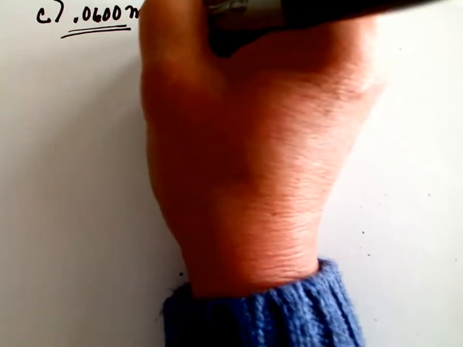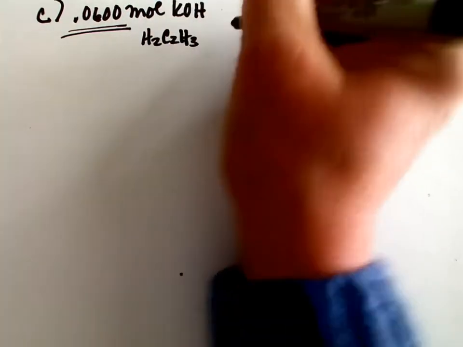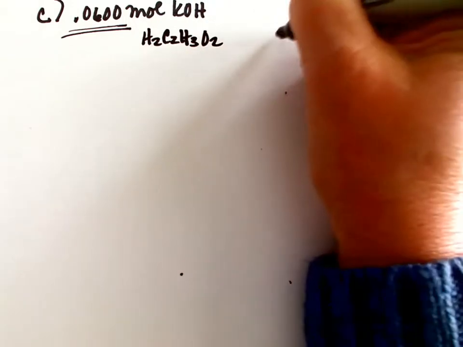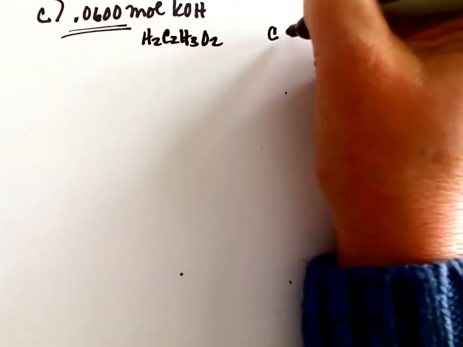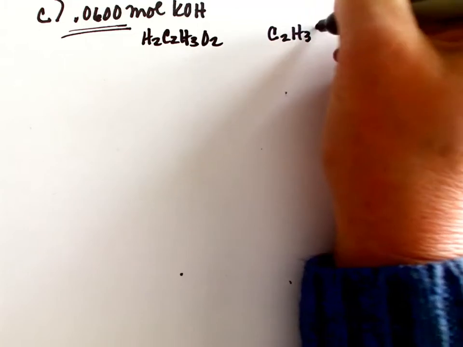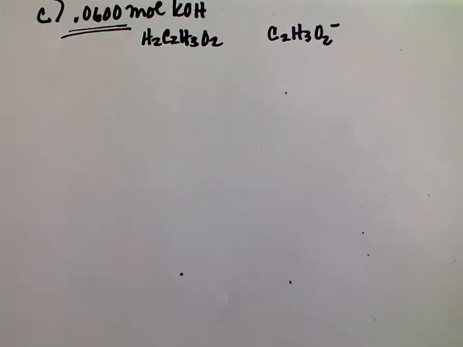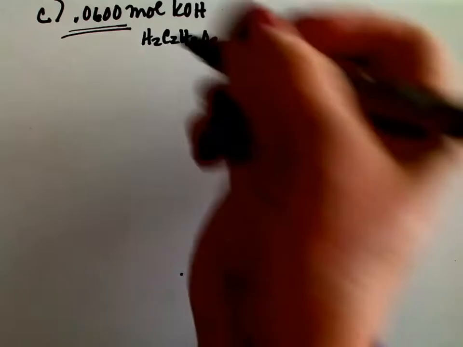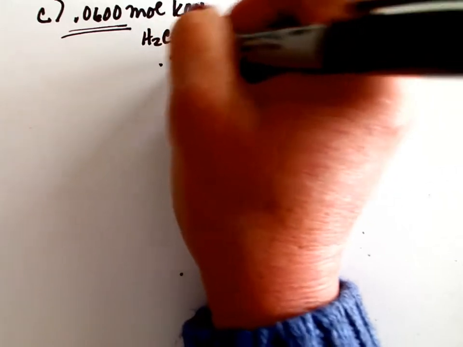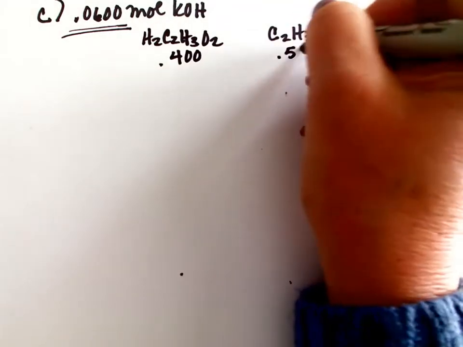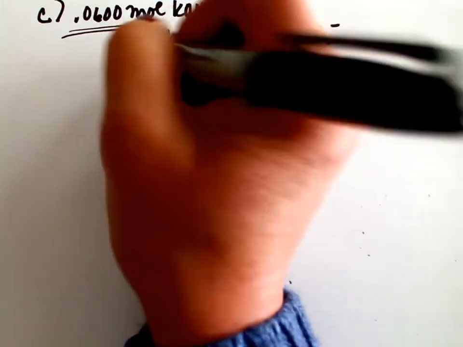So again, we're going to need that ice table, and we need to determine our equilibrium concentrations of our weak acid and its conjugate base. Again, we know the original or the initial concentrations.